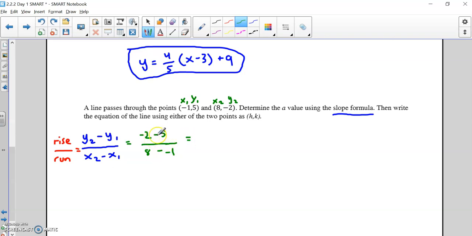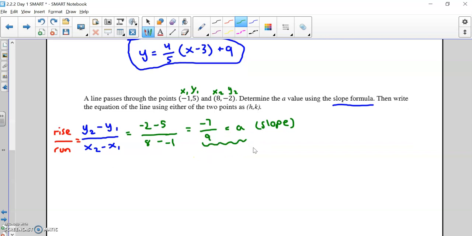Okay, so let's go ahead and calculate this. -2 minus 5 is -7. 8 minus -1 is +9. So this is our a value, which is the slope. All right. So now that we have that, we can go ahead and write our equation.